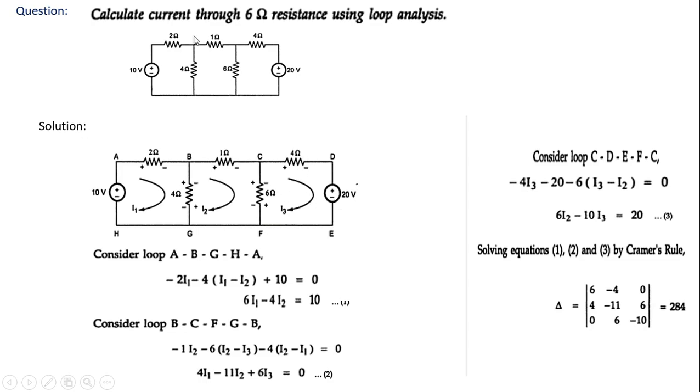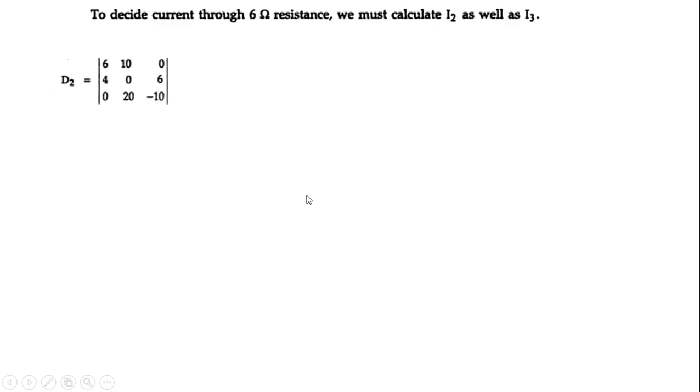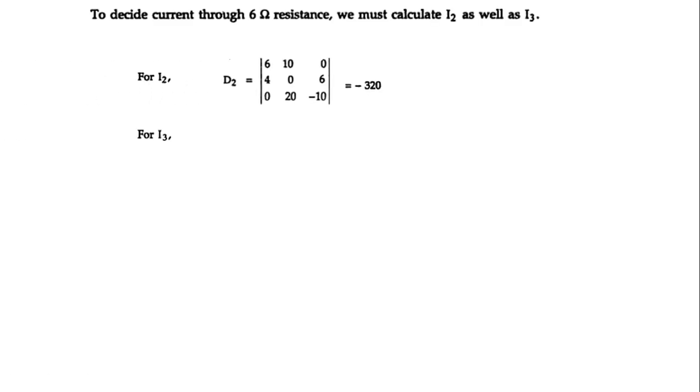So, to calculate the current through the 6 ohm resistance, we have to find the value of I2 as well as I3. For that purpose, the I2 value can be taken from D2 divided by del. Similarly, the I3 value can be taken from the ratio between D3 and del.